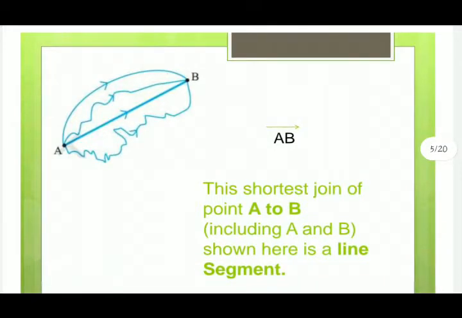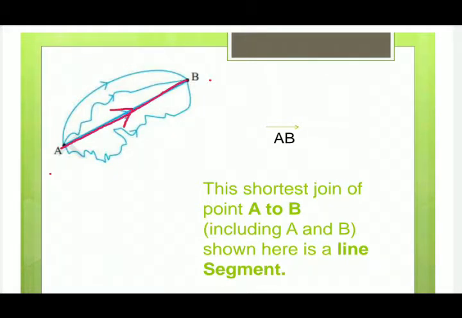Here another example is that AB is the shortest joint of point A to B including A and B. Shown here is a line segment. Here in the example you can see from point A to point B, this line is the line segment.